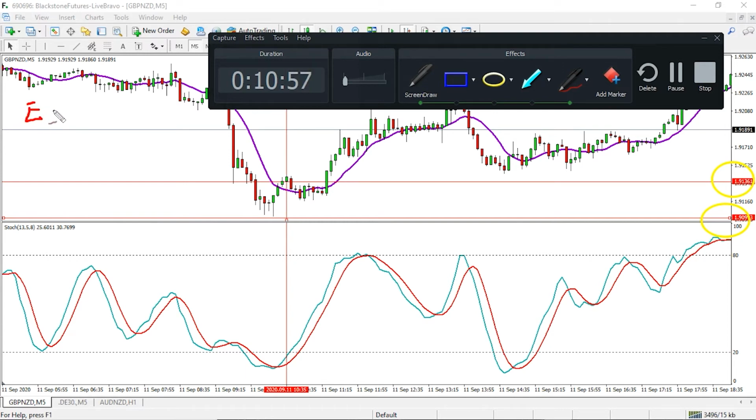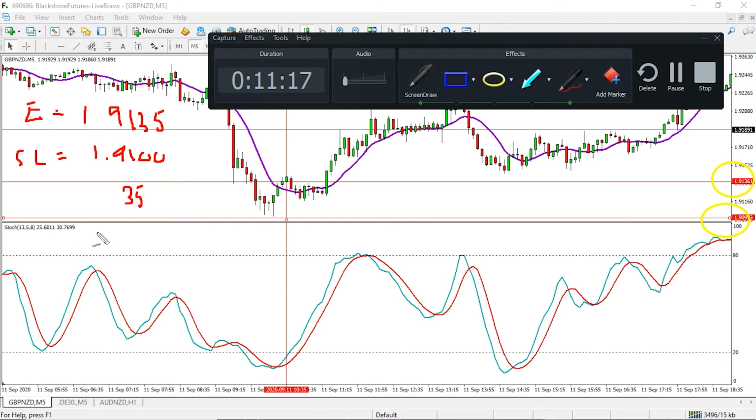My entry equals 191.35. My stop loss equals 191. So that gives me 35 points.